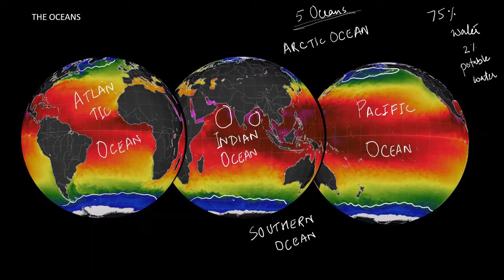and Pacific Ocean. So, some facts and figures: the Pacific Ocean is the largest ocean, while the Atlantic Ocean is the most saline ocean.